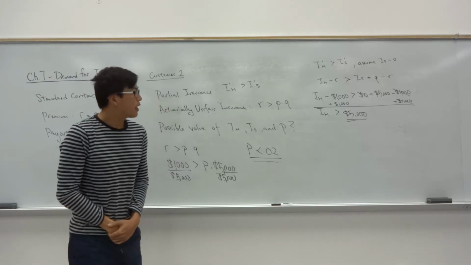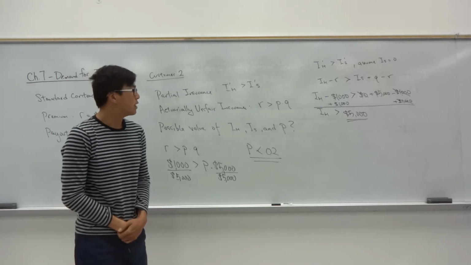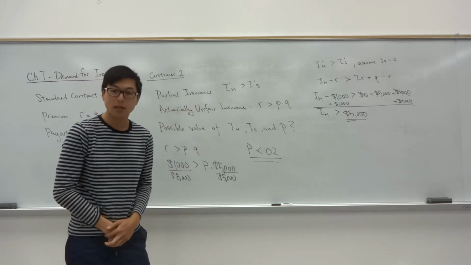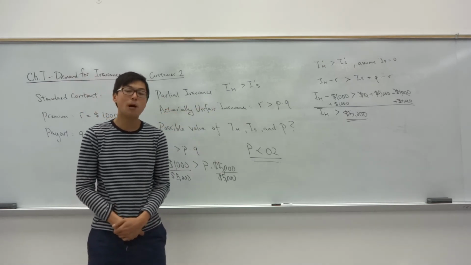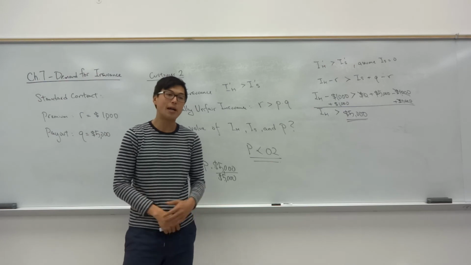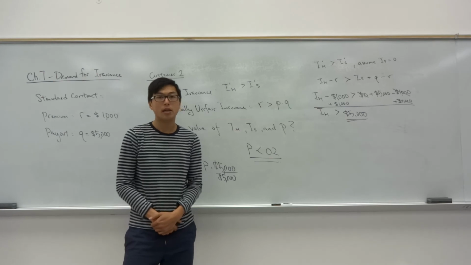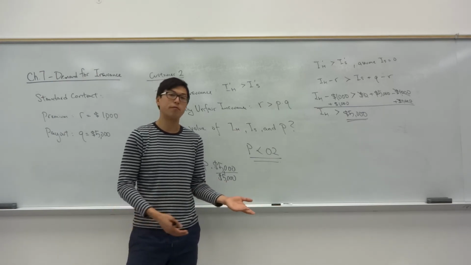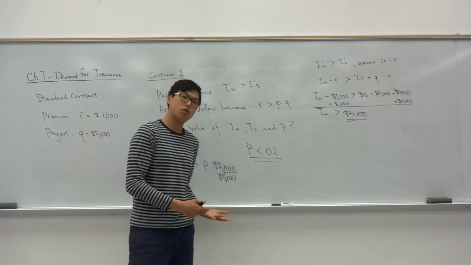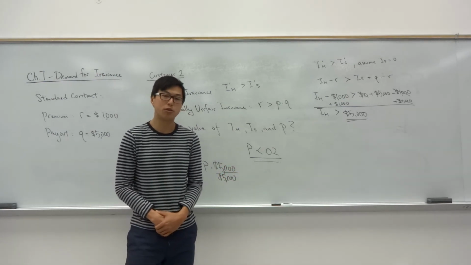So those are the things that we can apply to the insurance market to figure out whether we are buying a fair insurance or a partial insurance. But just like how we described in the PowerPoint slides, it's not necessary that we will always have to buy a full insurance or a fair insurance. There could be times where we're buying a partially fair insurance, but with full coverage, or maybe a partial insurance with unfair insurance coverage, or maybe both unfair and partial insurance.